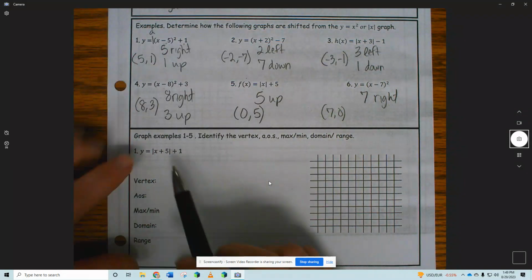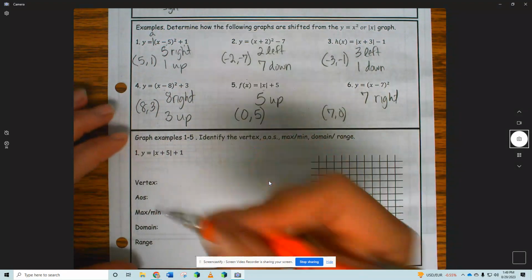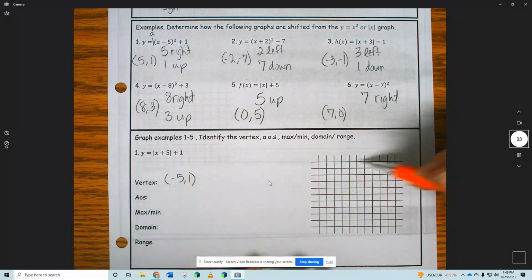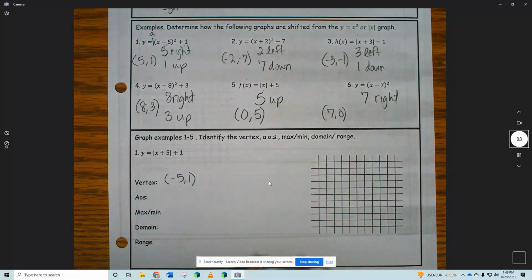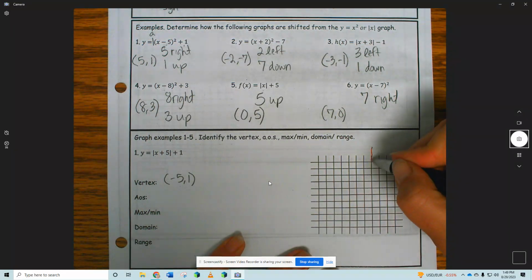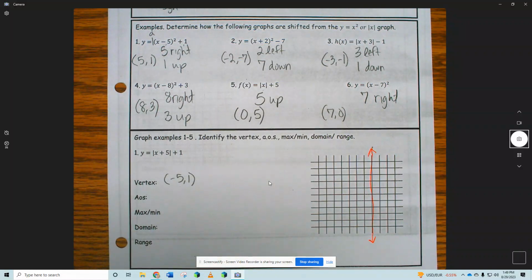So remember, if I know that I need to go 5 left, that my vertex is -5, 1, I need to be really careful where I make my axes. If I'm going 5 to the left, I better push my y-axis over like this because I need space to go 5 left.